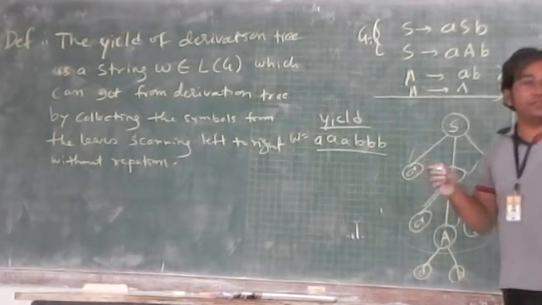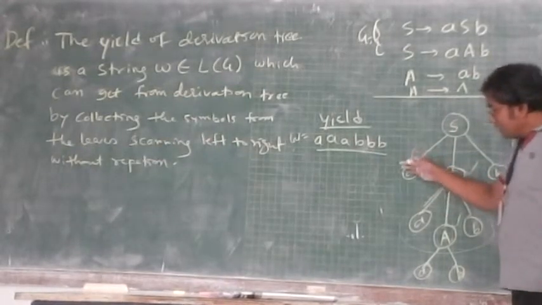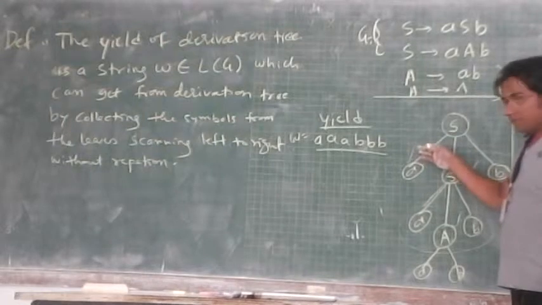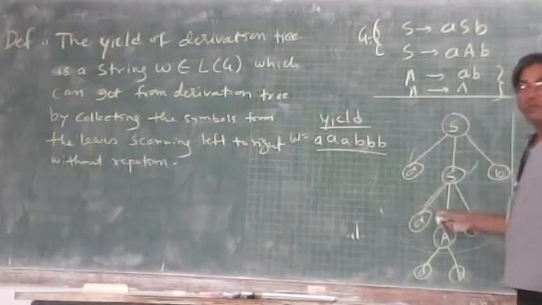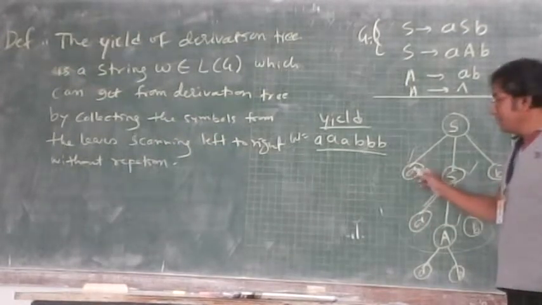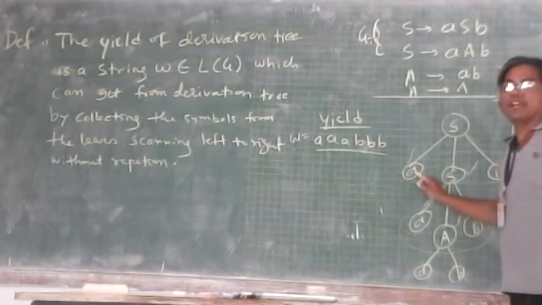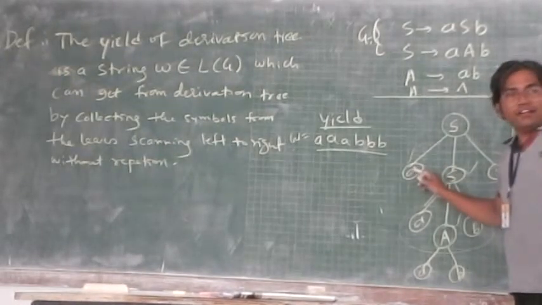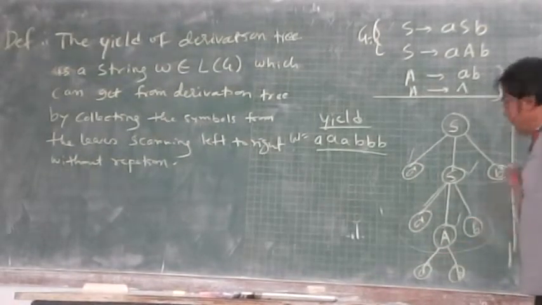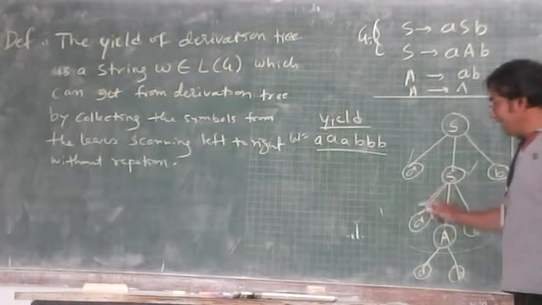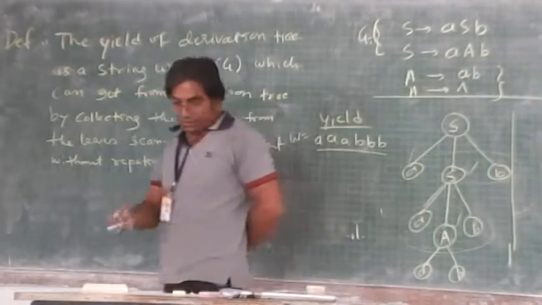I can consider it as the yield of this tree, and that yield I get as a string by scanning the leaves of the tree from left to right without repetition. I should not repeat, meaning this particular label I should not collect two times. Record it for only one time. A, B, A, B, B, B, don't collect like this, A and A. This way. Don't repeat it. So this is the yield of the tree.